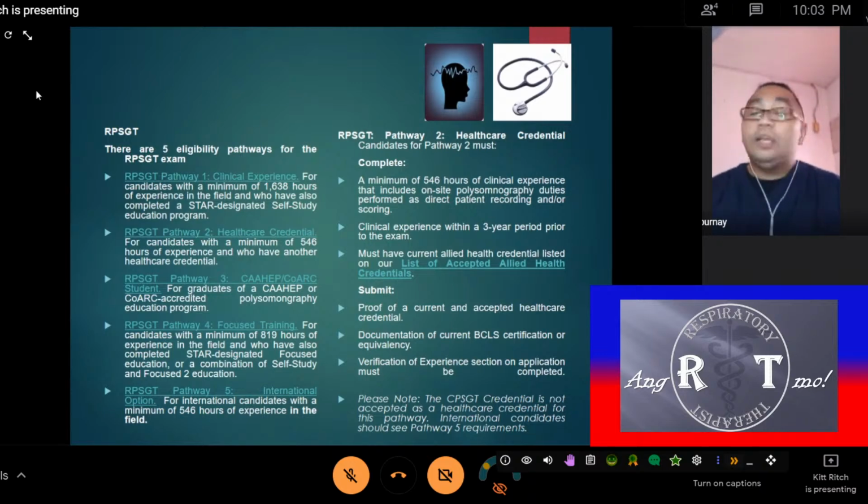You need to have that clinical experience within the 3-year period prior to the exam. You must have a current allied health credential listed on the list of accredited allied health credentials. Okay? You need to submit all of those to the BRPT so that you can take the examination.